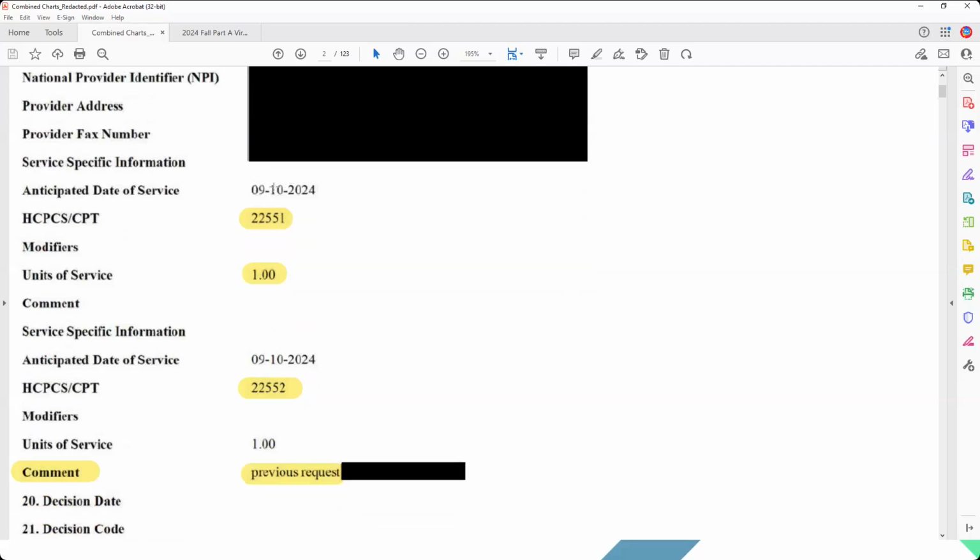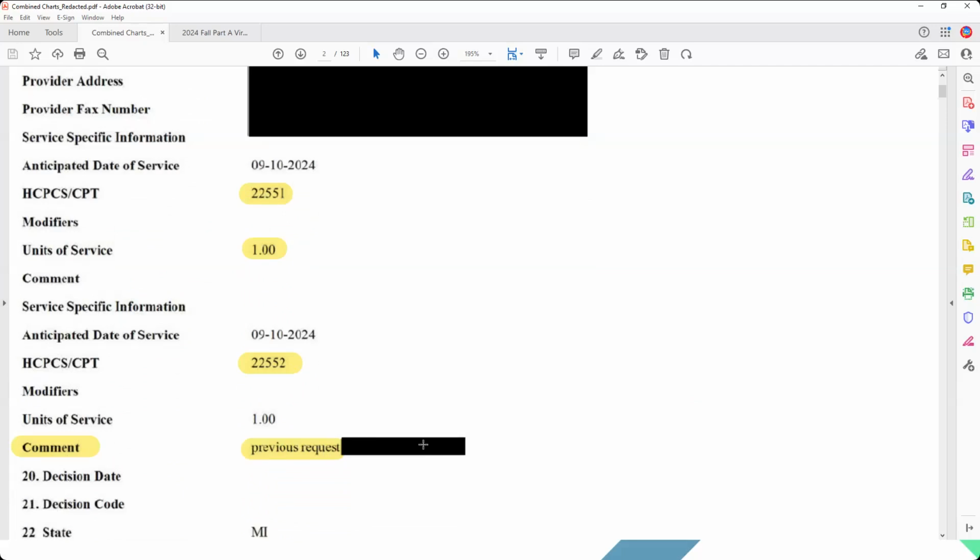And that is going to be on 9/10 of 24. So this is an older chart. And what do they anticipate doing? So here are the CPT codes. And in the comments, they just put previous requests and provided the unique tracking number of the previous request.